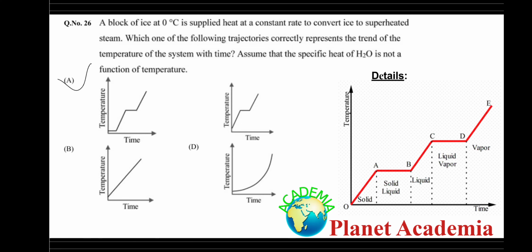Okay, this is the first line. Which one of the following trajectories correctly represents the trend of the temperature of the system with time? Assume that the specific heat of H2O is not a function of temperature.